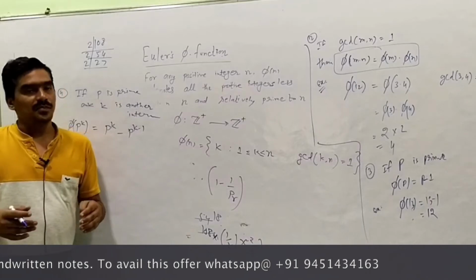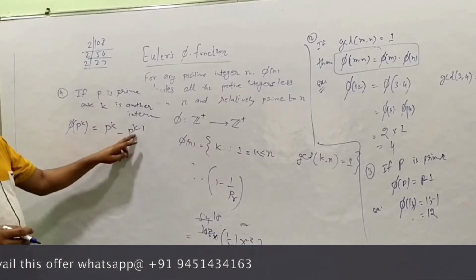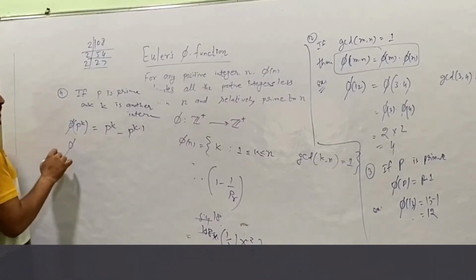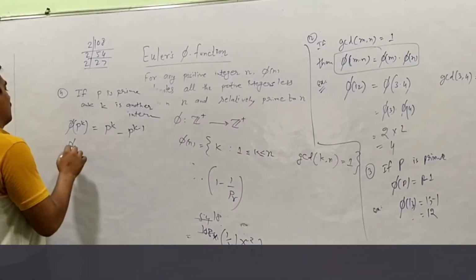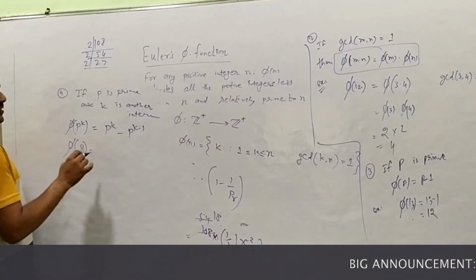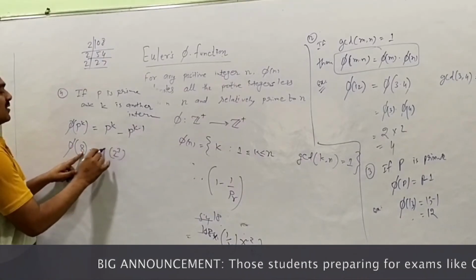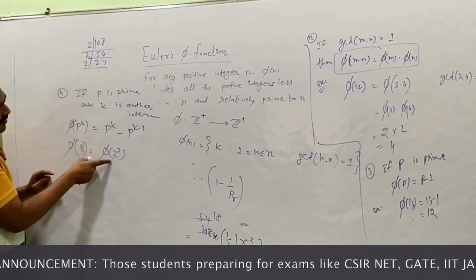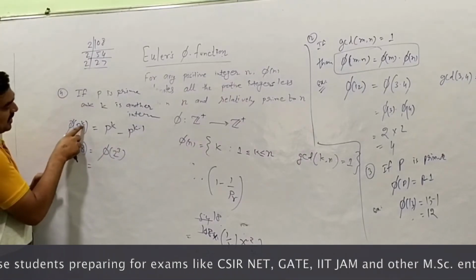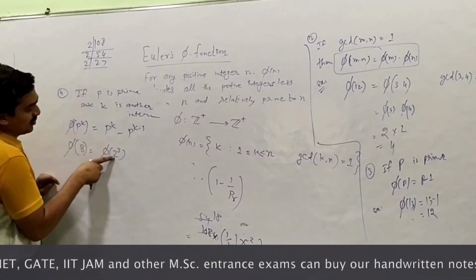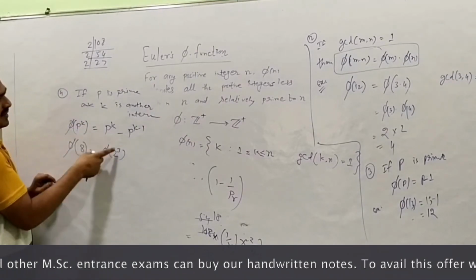For example, suppose we have to find phi 8. 8 can be written as 2 raised to the power 3. Comparing with this formula, in place of p we have 2, and in place of k we have 3.